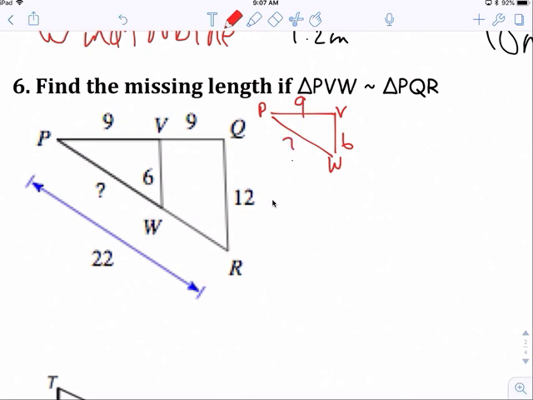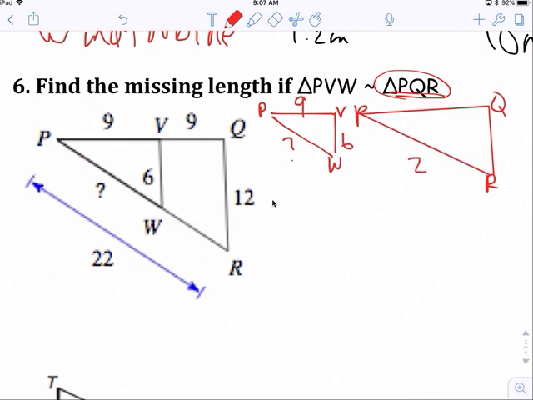Now, the big triangle is P, Q, R. I don't expect your lines to be as neat as the computer. Notice the computer corrects my lines. I can draw it wiggly, and it fixes it nicely.